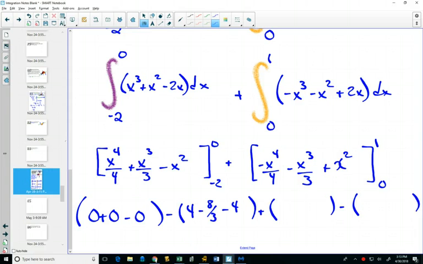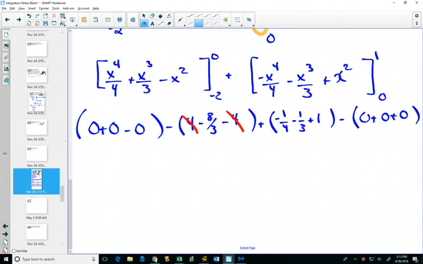Plug in 1: -1/4 minus 1/3 plus 1, minus 0 plus 0 plus 0. You can see that those will simplify.